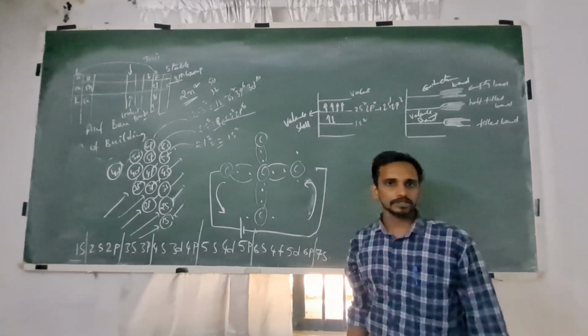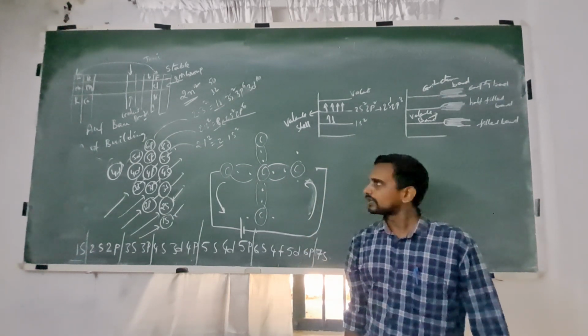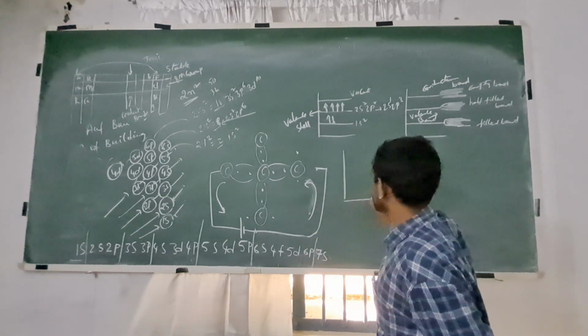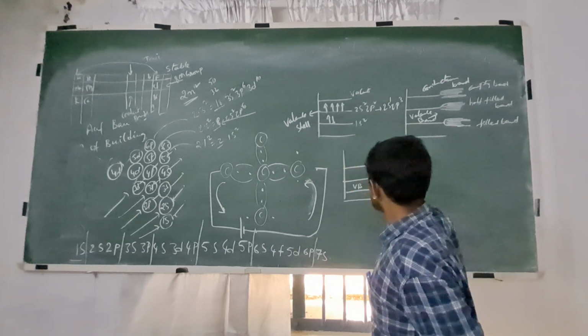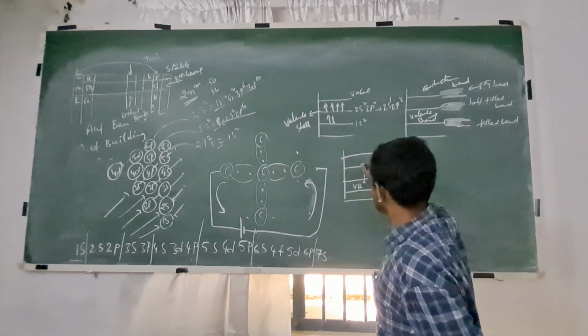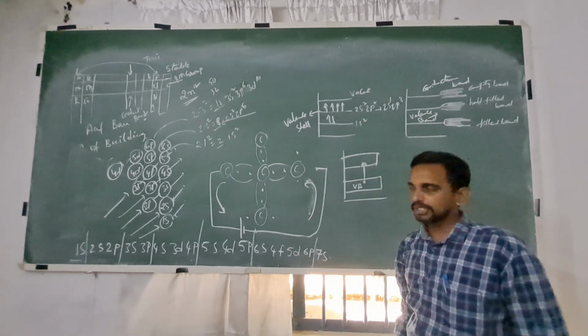So what happens? Electron will gain energy and rise to conduction band. So in the energy level diagram, we represent the electrons shifting from valence band to conduction band. Right?